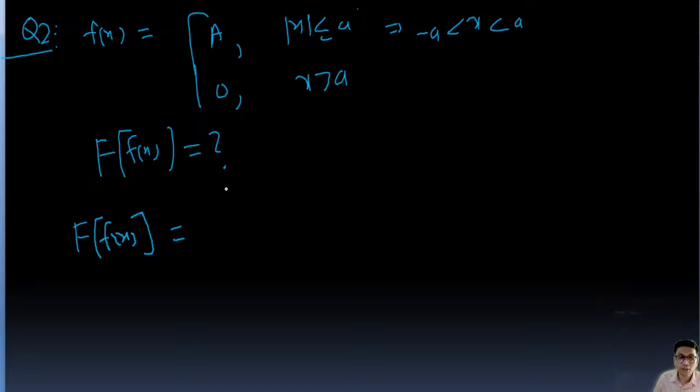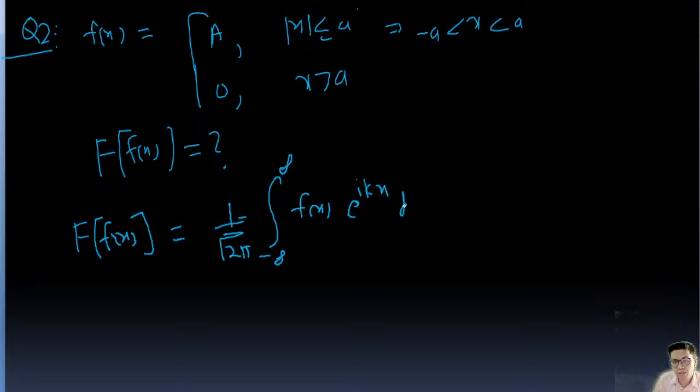This is going to be 1 upon root 2 pi, integration from minus infinity to plus infinity of f(x) e to the power iota kx dx.